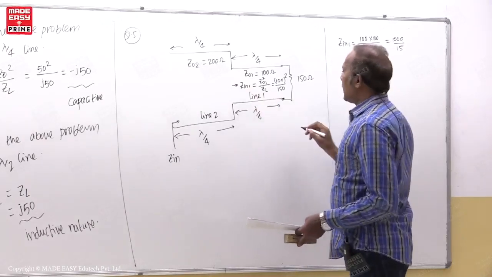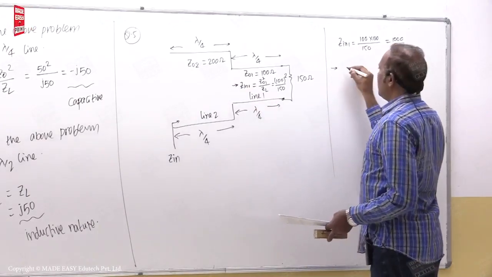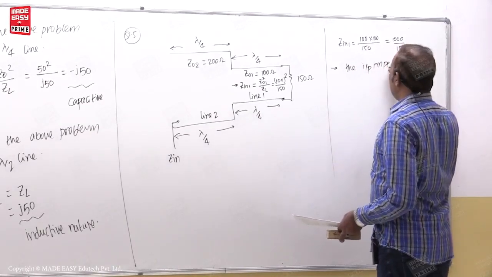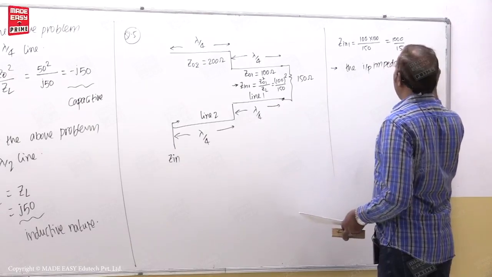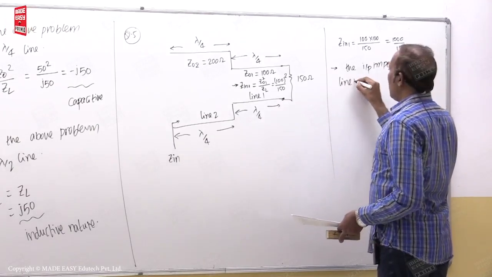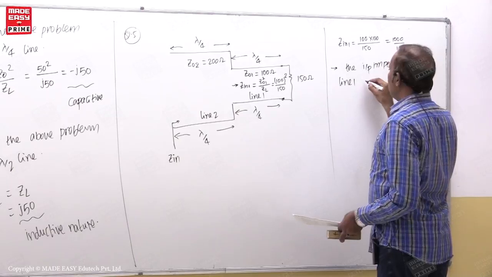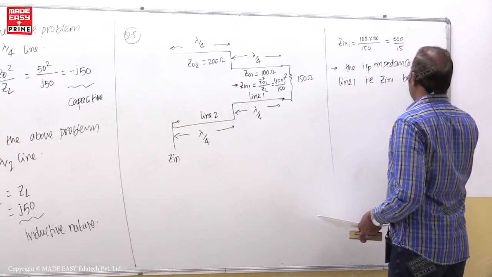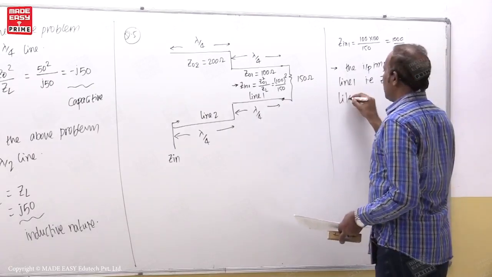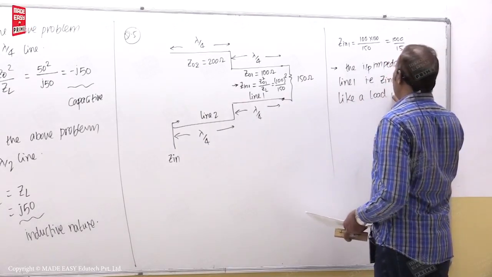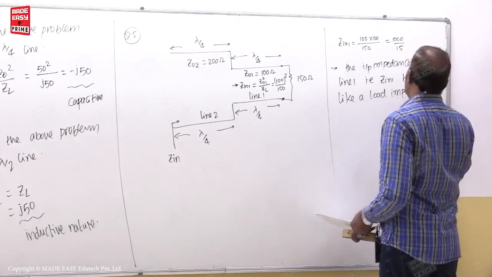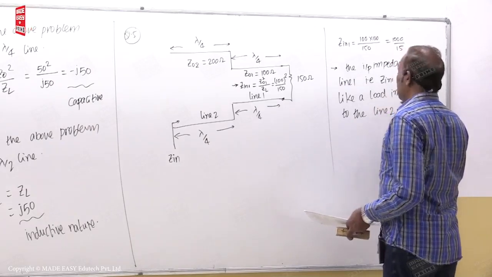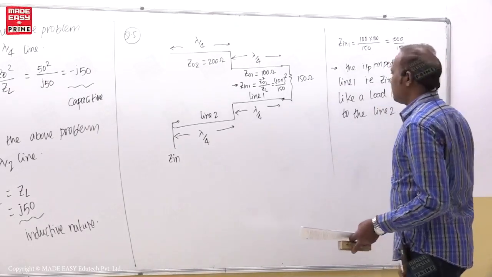So here I am writing the input impedance of line 1, that is Zin1, behaves like a load impedance to the line 2. Okay.